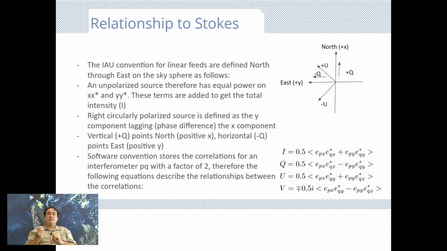In this convention, the right circular polarized signal is defined as the Y component lagging, with a phase difference, behind the X component. So the equations in the bottom right convert between the correlated signal between the X and Y hands respectively back into I. We use the convention in software where we store essentially half of that power on each of these correlations. So there's a factor of 2 coming into play here. But that's just by software convention.